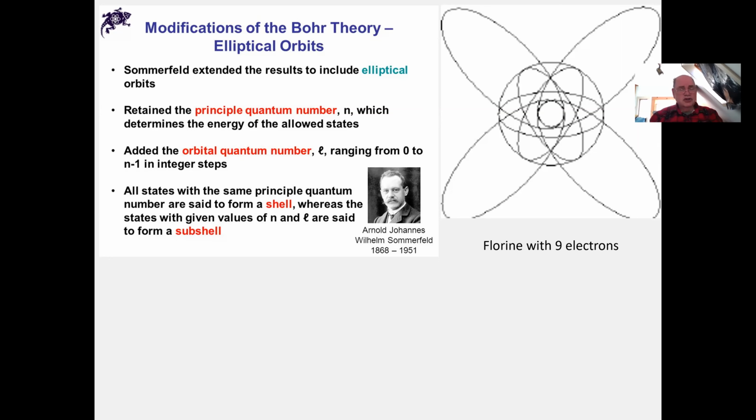The person who stepped in to try to help was the great theorist Arnold Sommerfeld, who we'll hear more about when we get to modern quantum theory. Staying with the Newtonian paradigm, he says, well, Bohr, why don't we expand here from these circles?